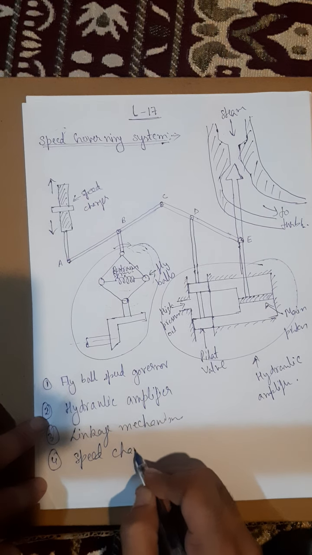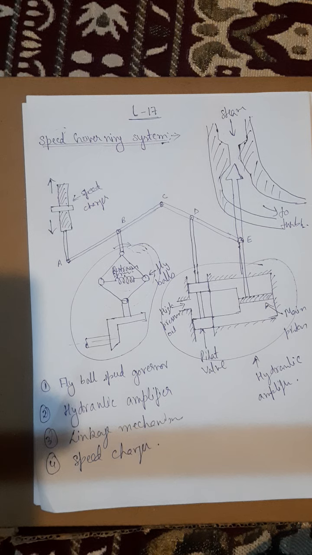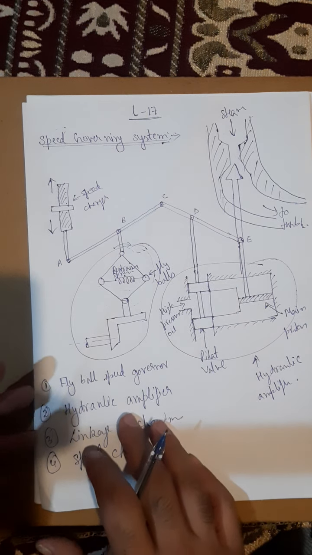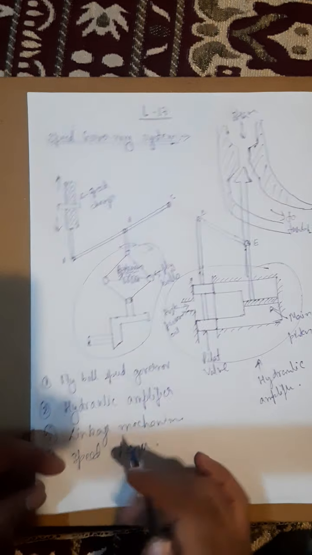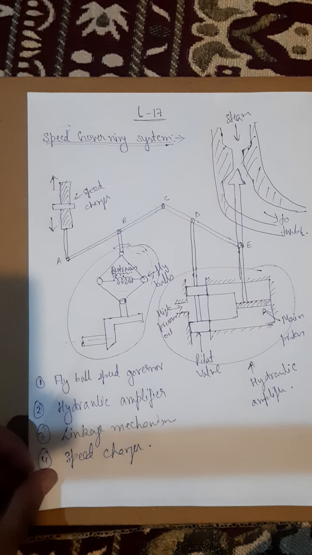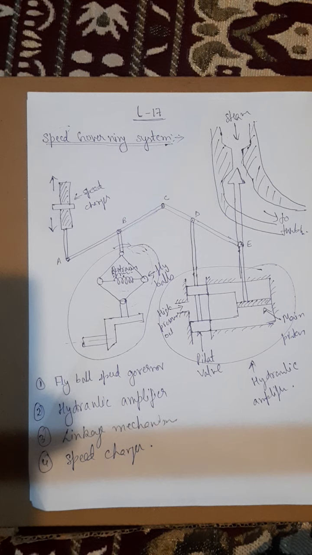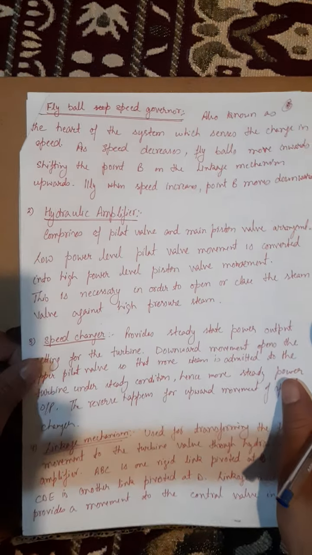Okay, I will not write, but I will explain all these components one by one. I have already done my homework, so I will teach it here. So the first component is the flyball speed governor.